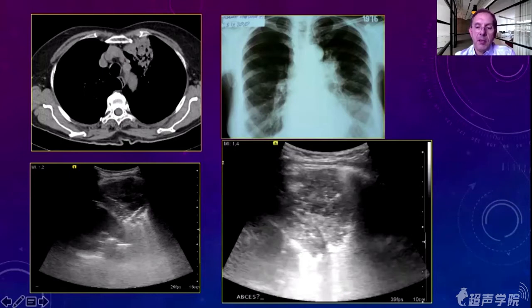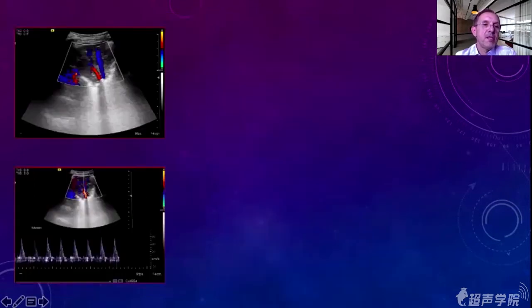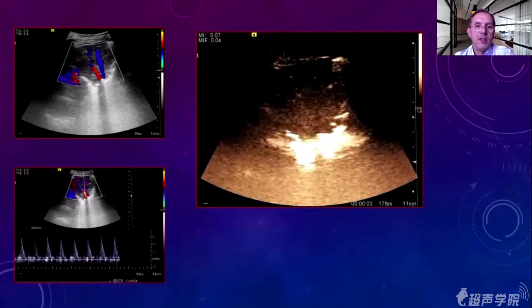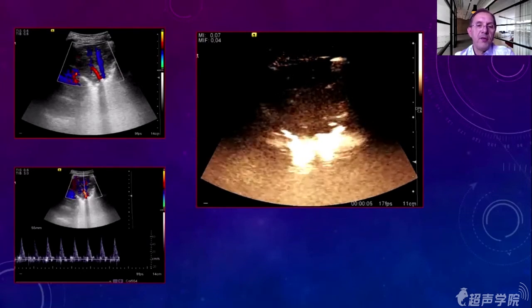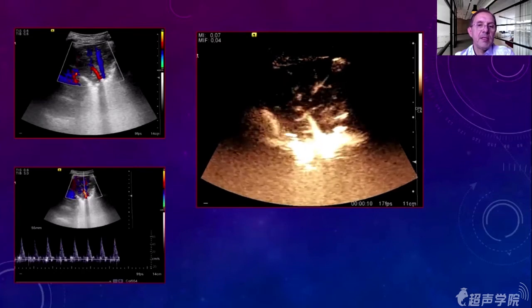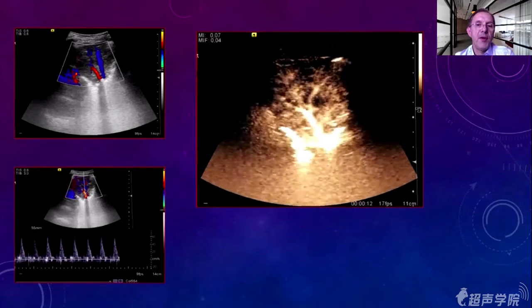When we inject, this was the Doppler study, we see straight arteries like in the phases with high resistance flow, so a pulmonary artery pattern, and we inject contrast, and you see that the contrast will arrive at 9 seconds, so below the threshold of 10 seconds.